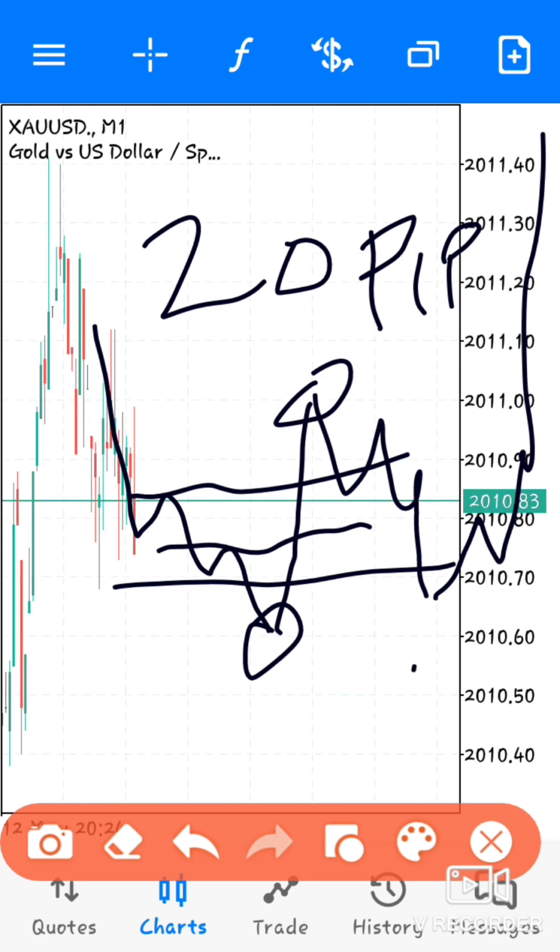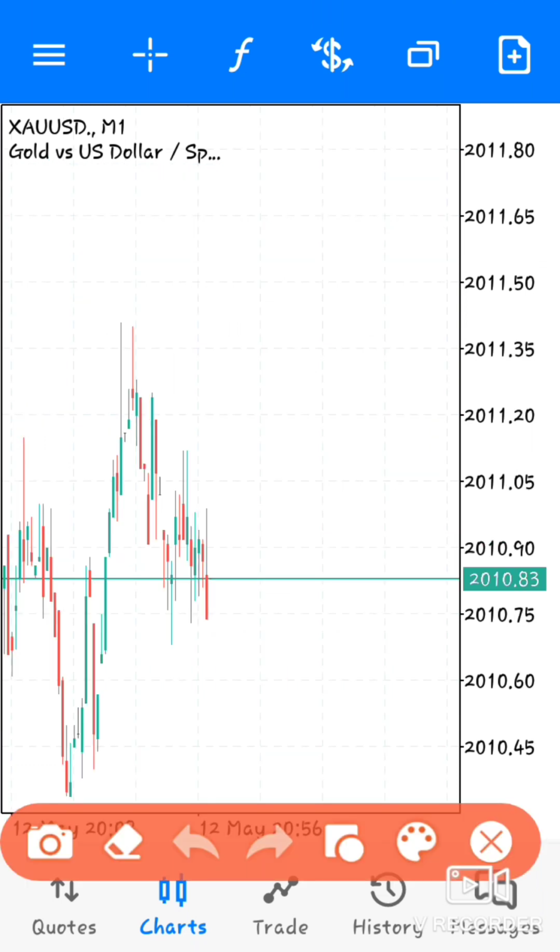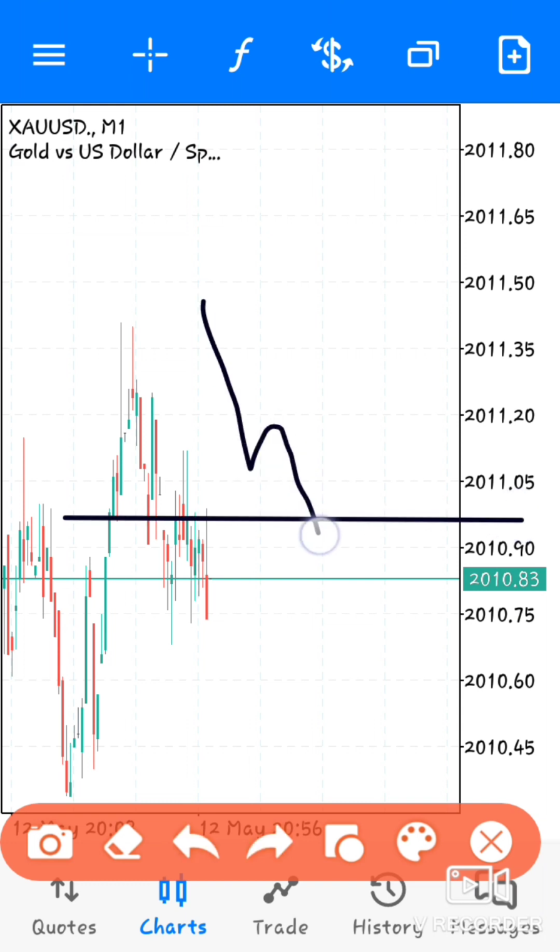For the third entry, you want to see price come down to a support level in H4. Let's assume this is your support level in H4. You want to see price come down to that level and then create a trapping zone for sellers.